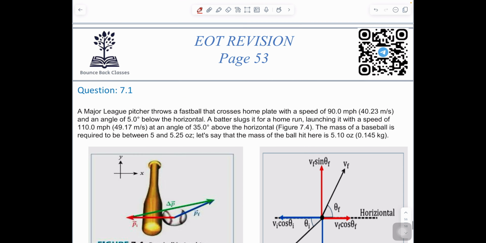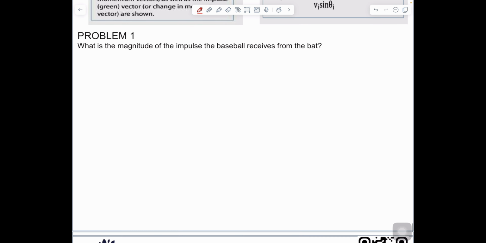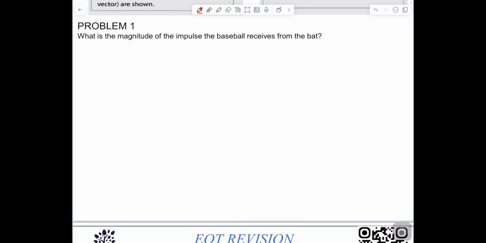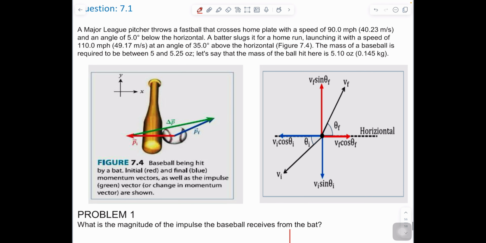Okay, now let's move to question number 1. This is something very important you need to understand. For this I will take this part to explain, and you need to focus more on this diagram part. Now a major league pitcher throws a fastball.